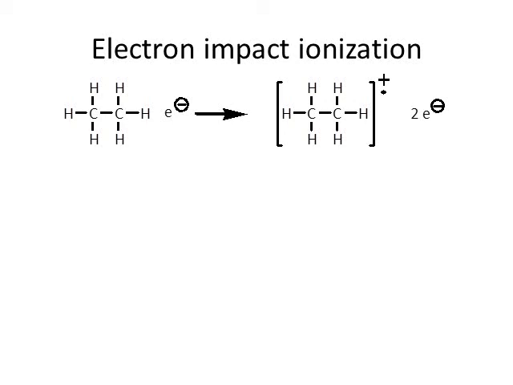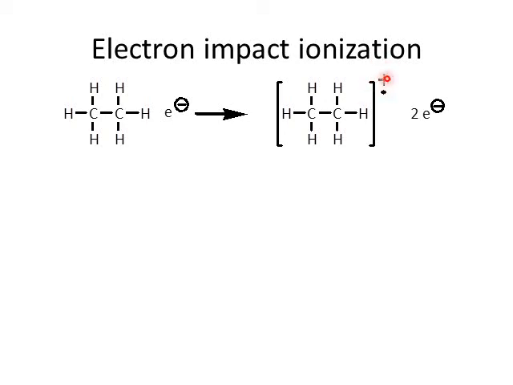So in electron impact ionization, what happens is you start with a molecule and you zap it. It gets hit with a beam of high energy electrons. And when one of those electrons comes along and hits, in this example case, ethane, it can knock an electron out, pretty much like a game of pool. That electron repels electrons, and so when it comes flying through this ethane, it could just knock an electron away to make something called a radical cation.